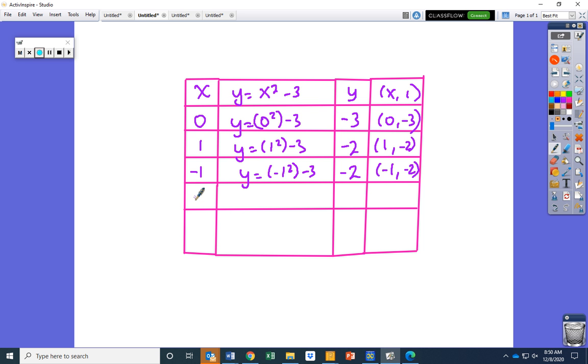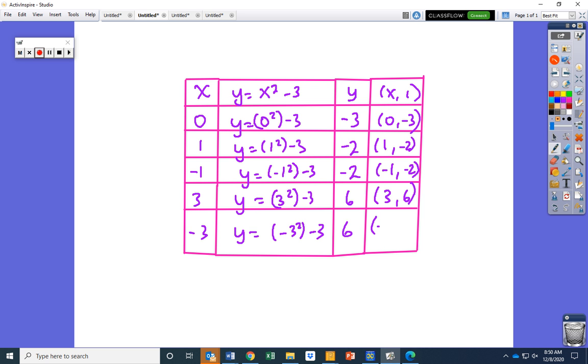You want to do 3 just to get all crazy? Okay. All right, we're going to do crazy here. So y equals 3 squared minus 3. What's 3 in the second power? 9. And 9 minus 3 is? 6. All right, and then we do negative 3. So y equals negative 3 squared minus 3. What's negative 3 squared? 9, and 9 minus 3 is 6.